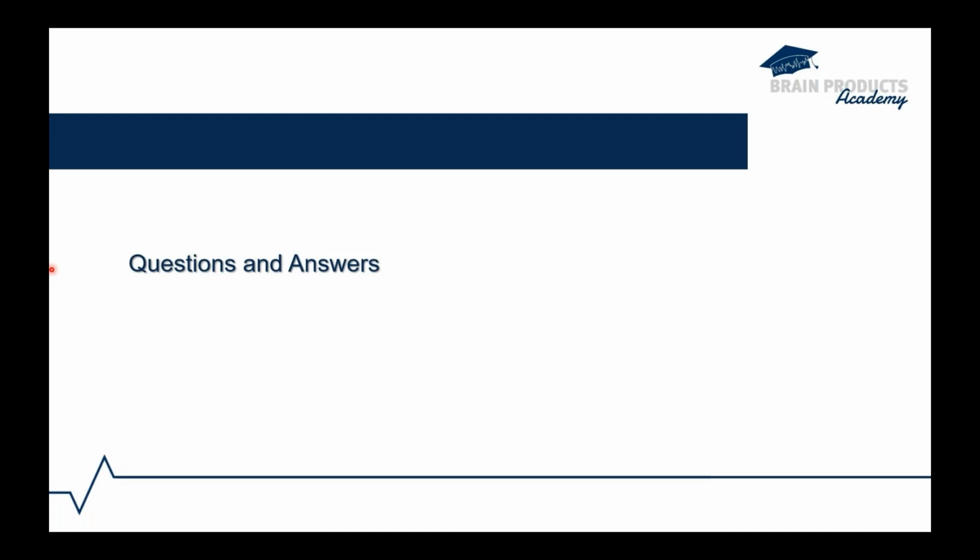Another question is, could we please know what order 4 means in the filtering? The filter order reflects the filter response, or how the filter is attenuating the different frequencies. For example, order 4 will produce an attenuation of 24 decibels per octave.